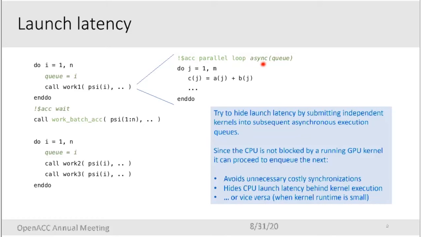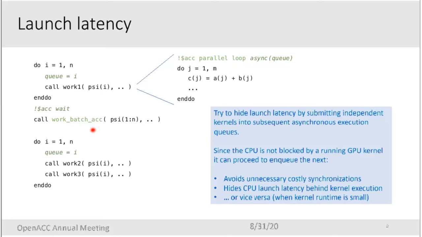So we have a loop variable I, and we set the queue to be I, and then we submit a particular kernel into this asynchronous execution queue. And we do that inside of this loop. So we have n queues that are being fed with some work, and afterwards we have to wait until everything is finished until we can continue.